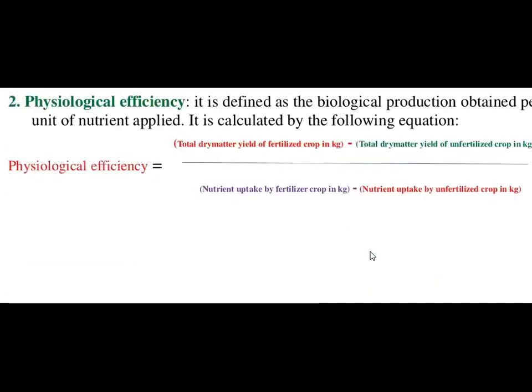Then next, physiological efficiency. It can be defined as biological production obtained per unit of nutrient applied. It is calculated by the following equation.